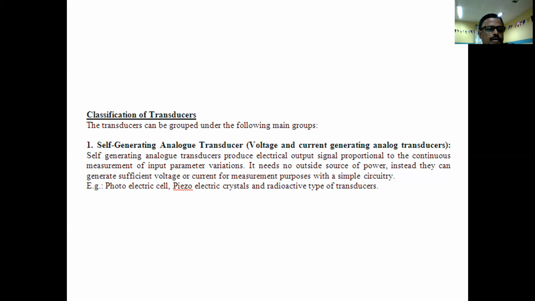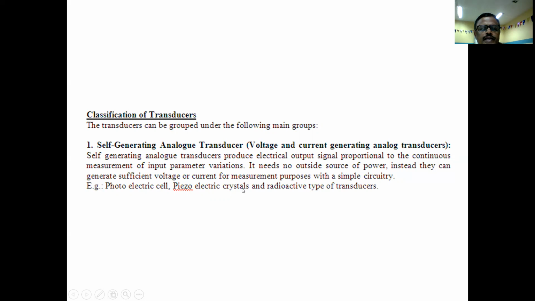Examples are photoelectric cell. So in photoelectric cell, photo means light. Light is converted into current or voltage. That is, we are able to generate the current and voltage in this type of transducer. That is photoelectric cell. Similarly, we have got piezoelectric crystals.